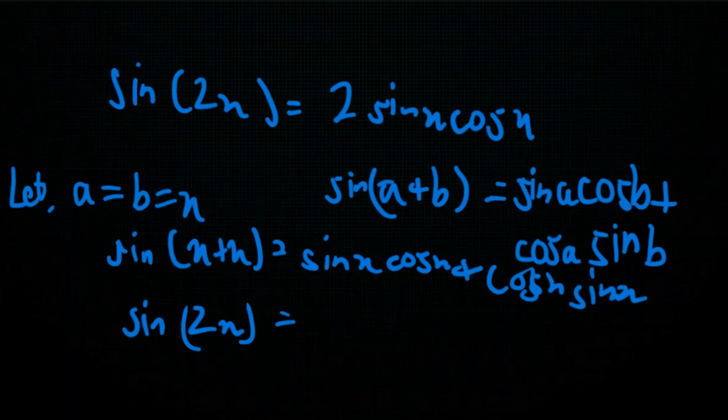Since both terms are basically the same, we can write it as 2 sine x cosine x, because we're adding up two of the same value together, so it will be 2 times sine x cos x.